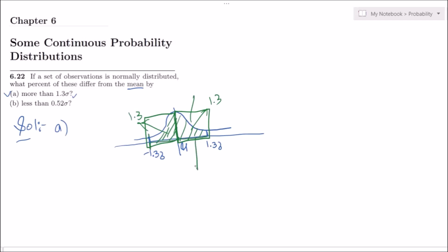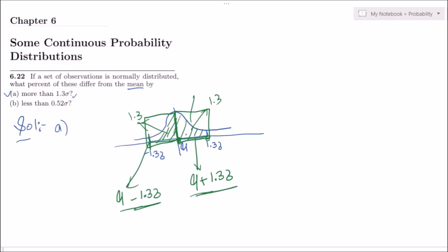So what is this distance equal to? If this is the mean, this point will be at mu plus 1.3 sigma, and this point will be at mu minus 1.3 sigma.